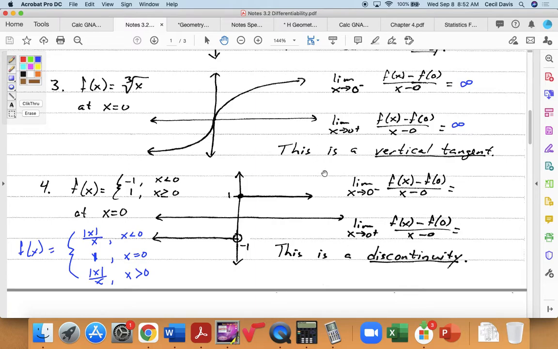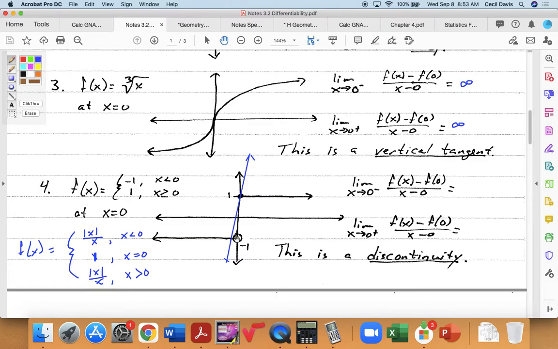So it looks like this. As we're approaching 0 from the left, my slopes are going to look something like this. So I'm doing the slope between those 2 points. What kind of a slope does that have?